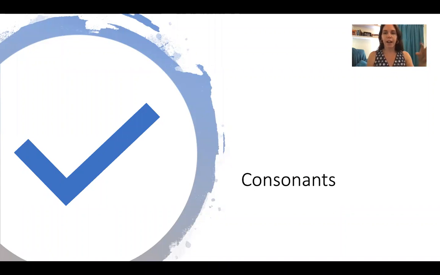We're going to have a look at the consonants now. So we've looked at our vowels, and you've got long vowels and short vowels, and now we're going to look at consonants. Consonants are also grouped according to whether you use your voice or not. So voiced and unvoiced. Unvoiced, you use your lips and your tongue. Voiced, you use your lips and your tongue, but you also can feel it in your throat.